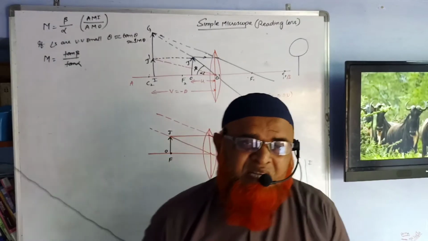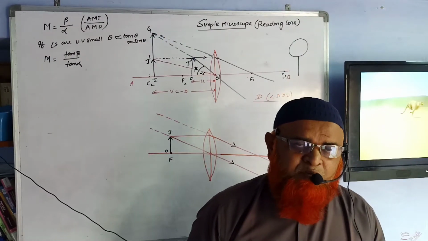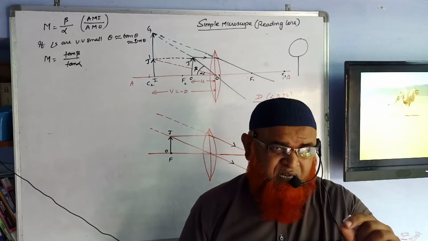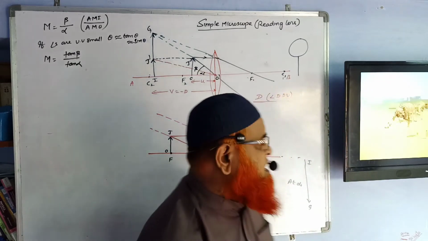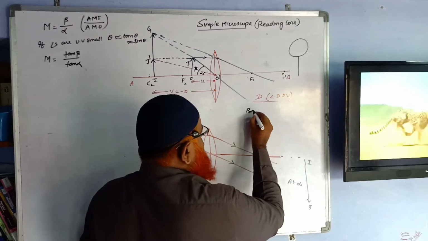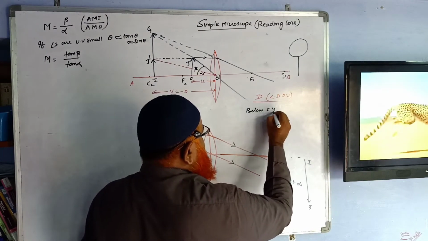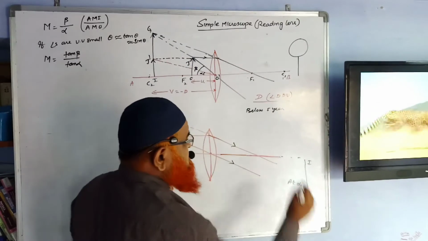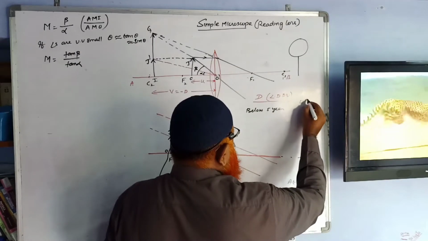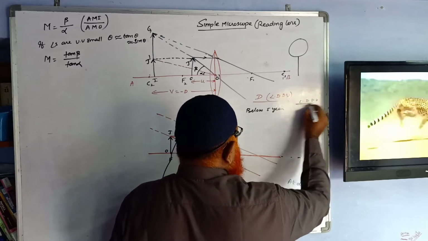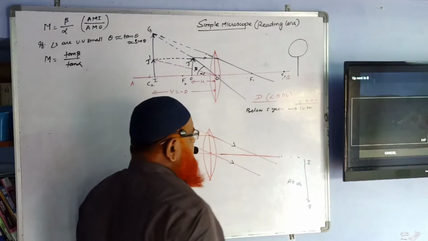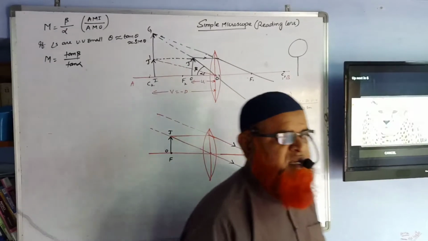What do you mean by least distance of distinct vision? It's a small story. An infant baby below 5 years has a least distance of distinct vision equal to 10 centimeters.